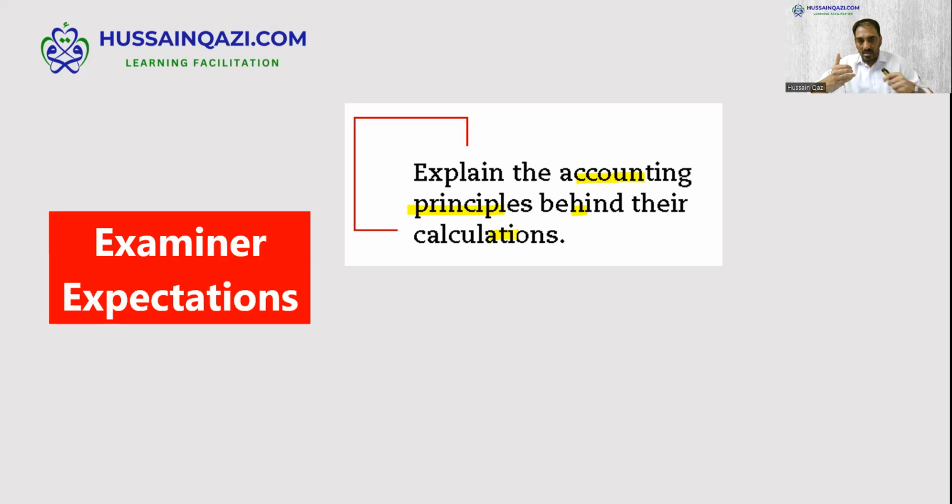Number 1, your ability to explain the accounting principles. For example, in any case, if you are writing something about IFRS 5 non-current assets held for sale and discontinued operations, the examiner never expects that you write exactly the accounting standard wordings. Not at all.